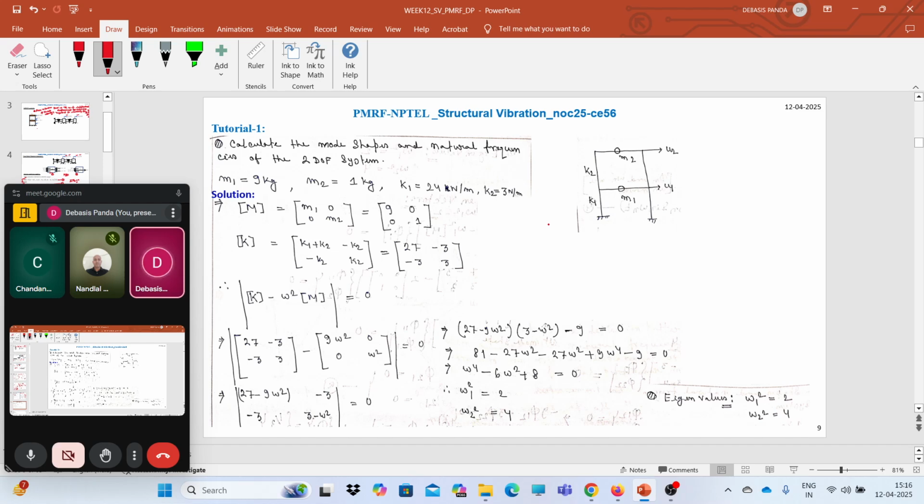From this type of question, one or two or multiple questions may come from the characteristic equation: find out the mode shape, normalize the mode shape, and all these things. So how can you tackle this kind of thing? Look at this problem here for this two-story building.